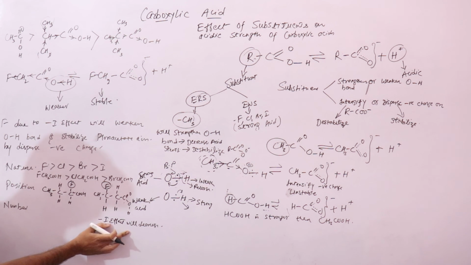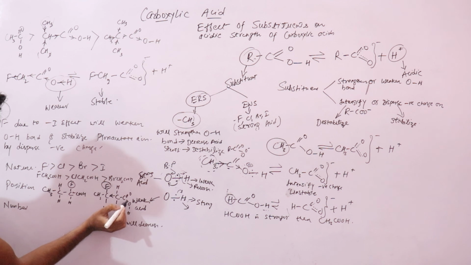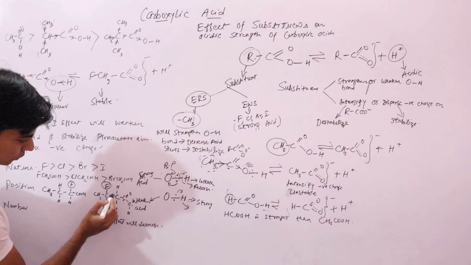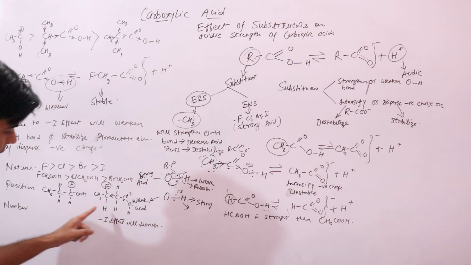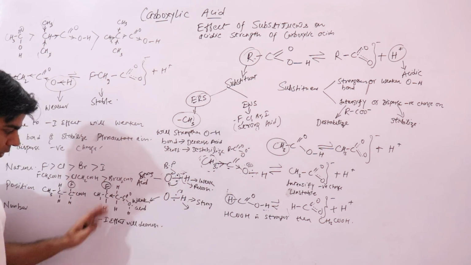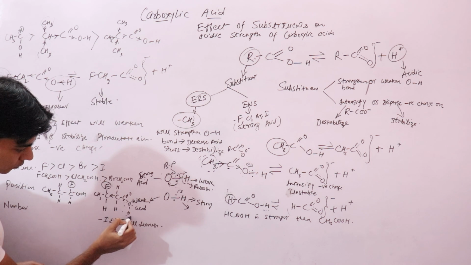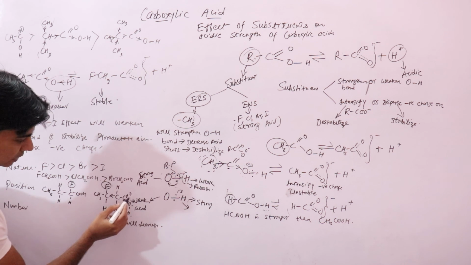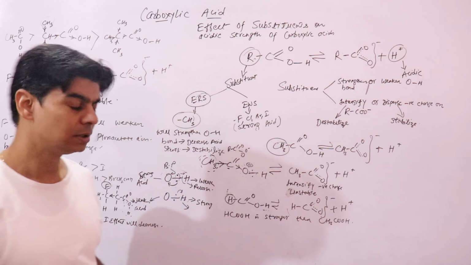right? When the minus I effect decreases, the electron withdrawing capacity of this fluorine atom from this carbonyl carbon and this oxygen will also decrease, right? When the electron withdrawing capacity decreases, the bond was getting weaker and the hydrogen ion was getting released, and the ion was becoming more stable due to minus I effect.